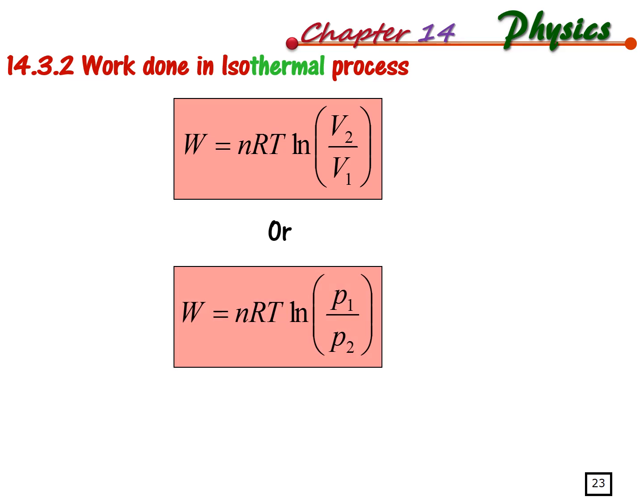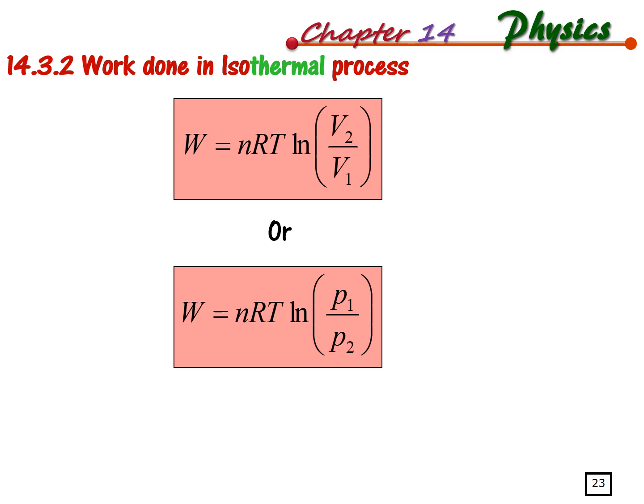Or we can also use another formula for work done during the isothermal process, that is nRT ln P1 divided by P2, where P1 is initial pressure and P2 is final pressure.